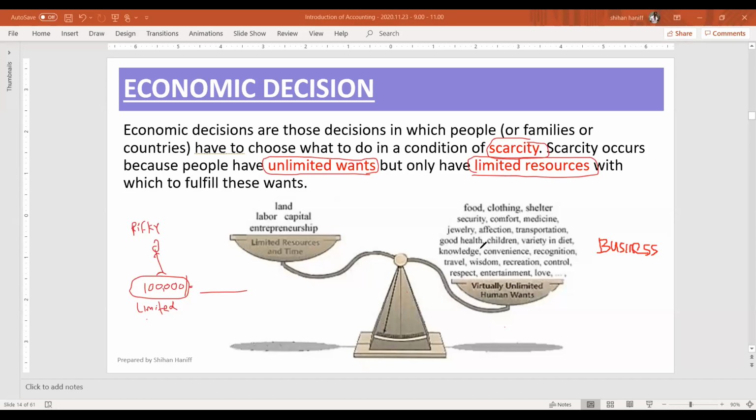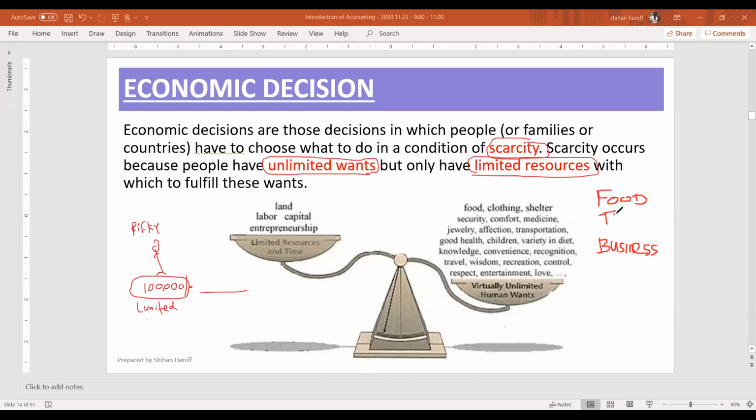Fulfill our own wants. What are the wants? Wants means you can consume. What are your wants? Food. You go and eat. What else?